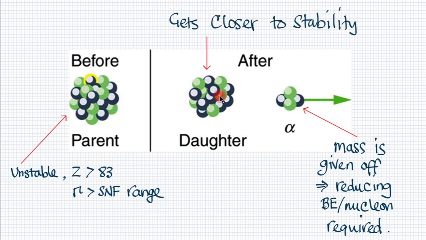So as the alpha particle is released, the daughter nucleus, which originally came from the parent, gets closer to becoming a stable nucleus. And that is the nature of the universe. Things like to become as stable as possible so that the forces are shared equally and there is some equilibrium.